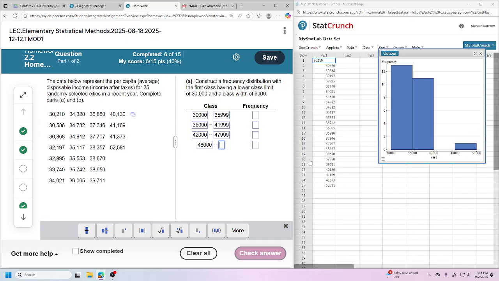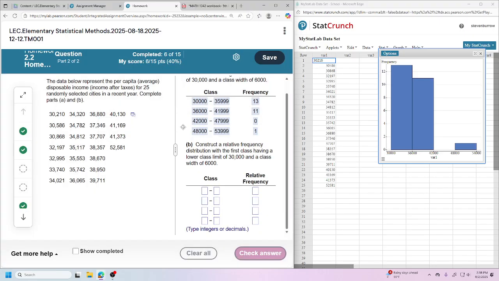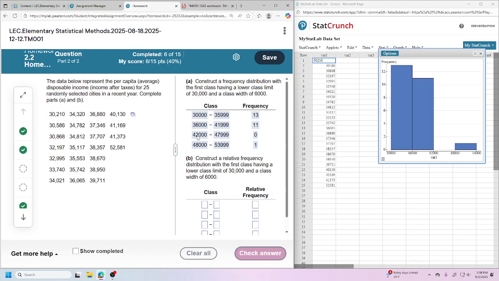So then the last one would be 53,999, right? Okay, so 13, 11, 0, 1. 13, 11, 0, and 1. Come on, StatCrunch, don't fail me. Yeah! Woo! And then we can just go back and do the same thing. Relative frequency, you just click relative and you're good to go.